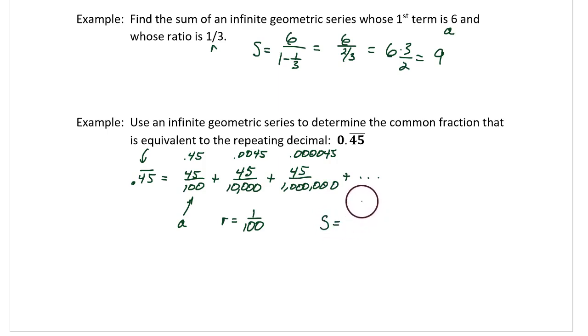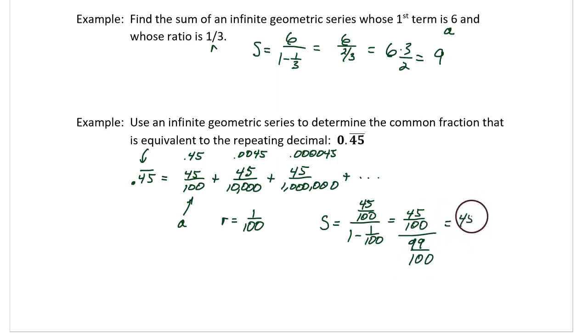The value of a is 45 over 100. In the denominator, we have 1 minus the value of r. So this is 45 over 100 divided by 99 over 100. Now let's perform this division by changing to multiply. So we have 45 over 100 times 100 over 99.